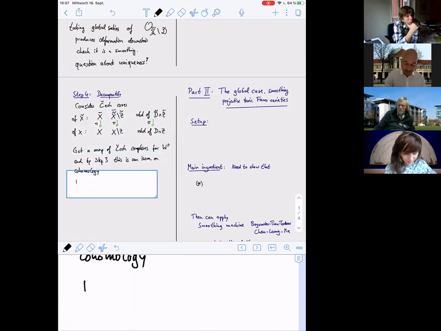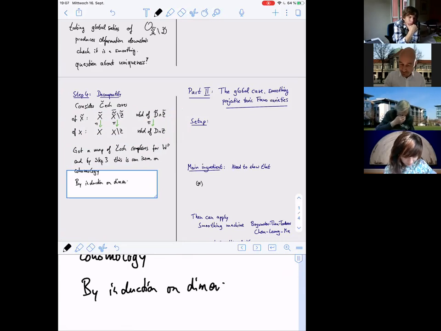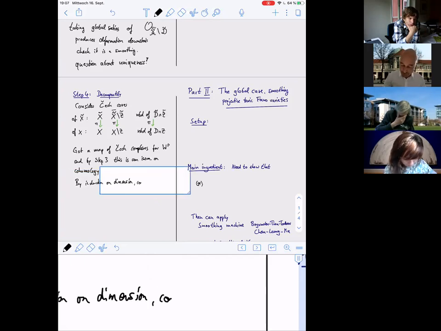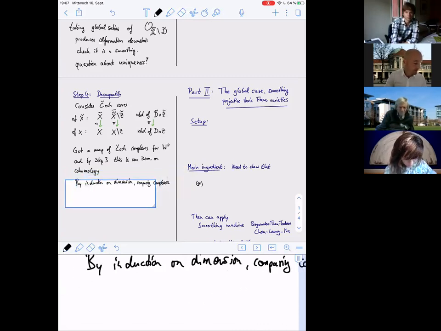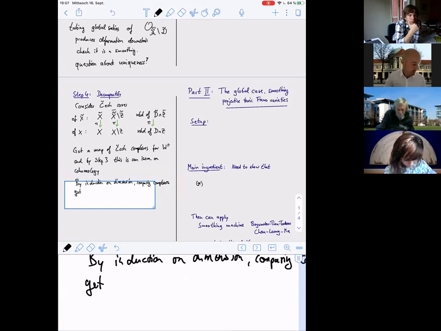I summarize: by induction on dimension, we get the following. So comparing complexes, we get that the first term cohomology agree.